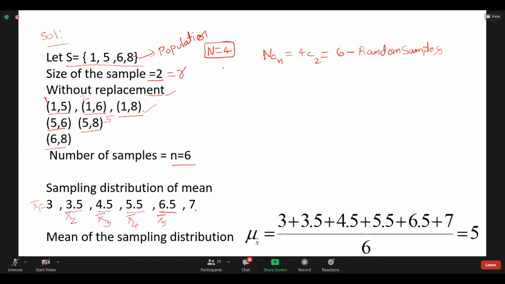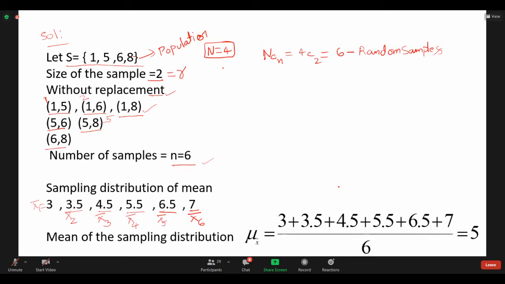And next, similarly, you can find the sixth random sample mean, that is x6 bar. That value is 7. Now in total we have 6 values, 6 means.